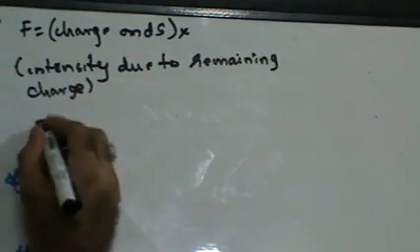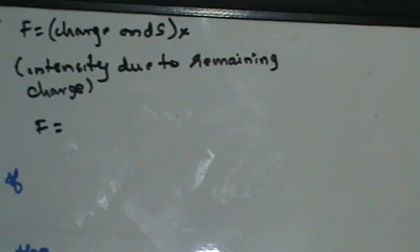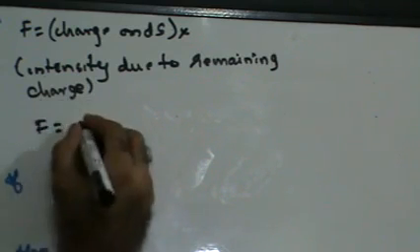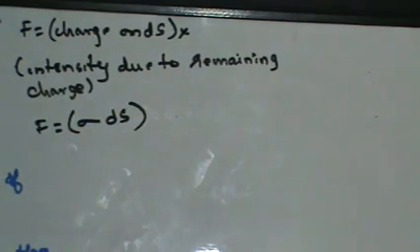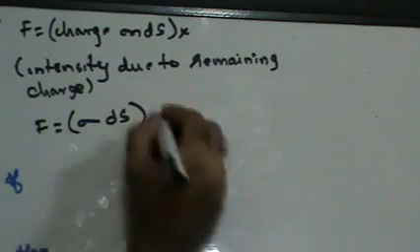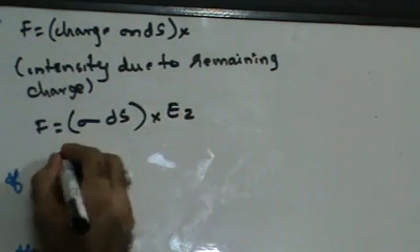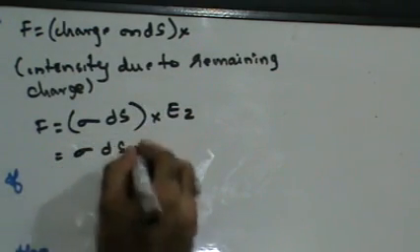Right? So force is charge on ds. We found out charge on ds to be nothing but total charge, which is charge density into area. So charge on ds is going to be sigma ds. Intensity due to the remaining charge is nothing but E2. So this is sigma ds into E2.